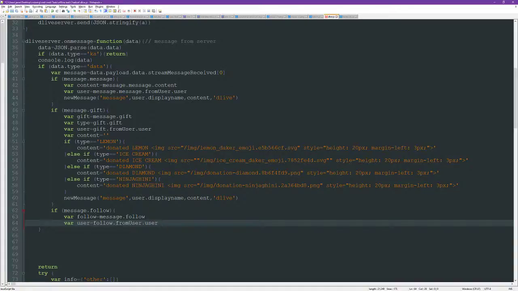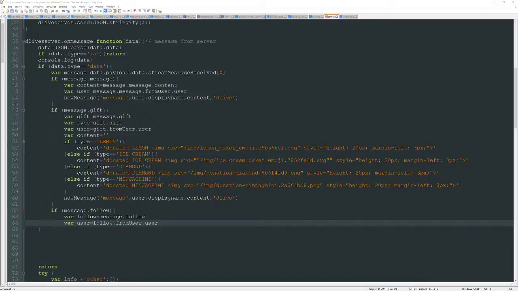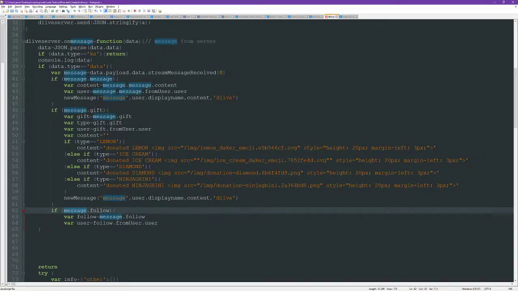Wait. Follow user. Damn it! I'll have to do this myself. Also, these are all is, but then they're messing with message. Oh, okay. So message follow is a thing. That leads me to there. Then we got follow user.